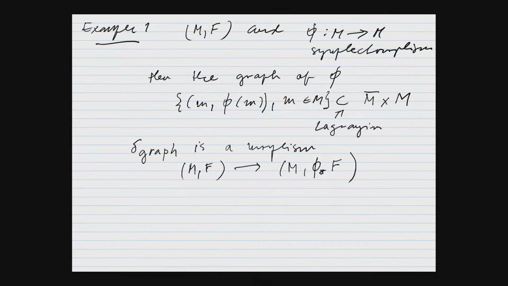It's simply the delta supported on the graph. And it's exactly the morphism which relates the solution of the master equation and the pullback. So it works for the obvious example.